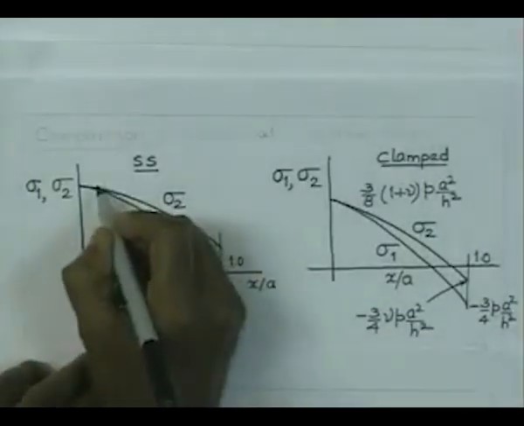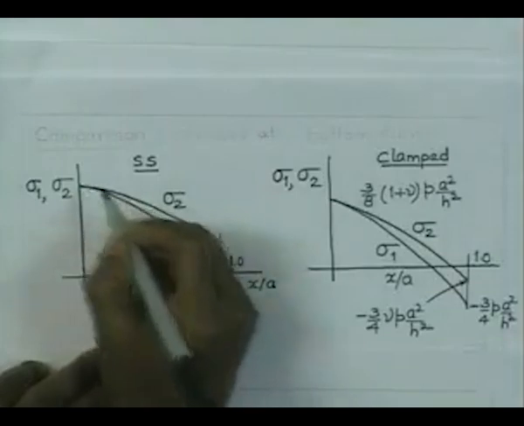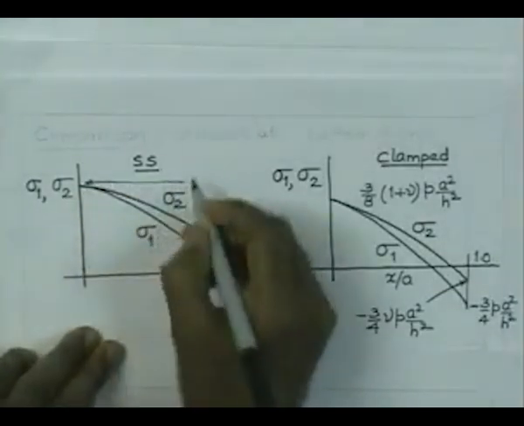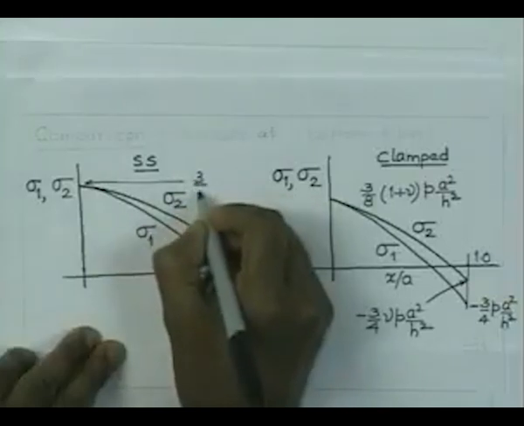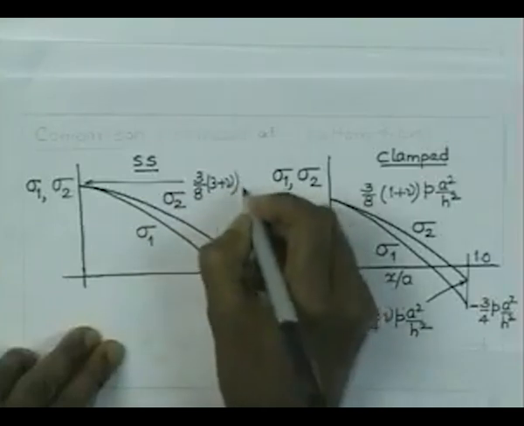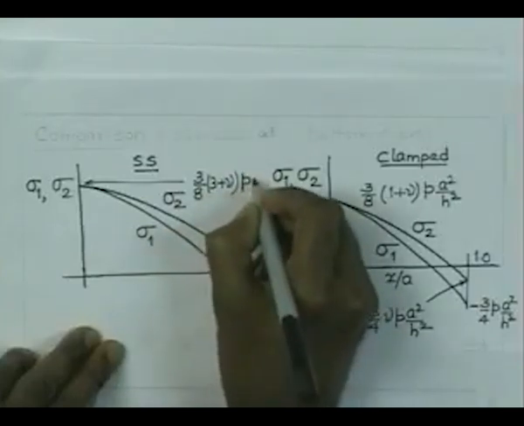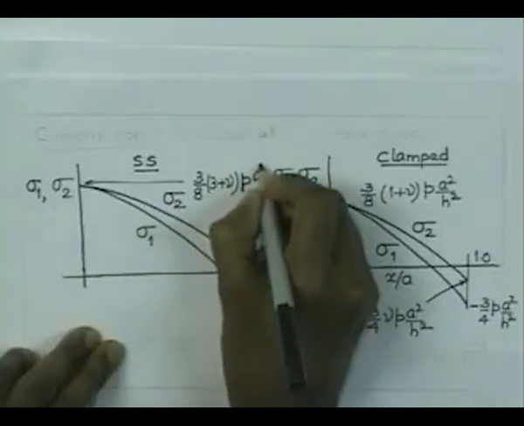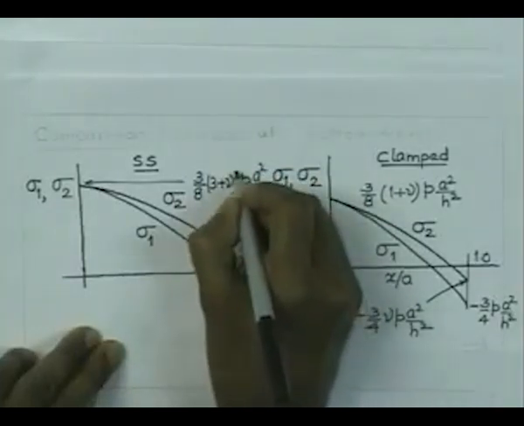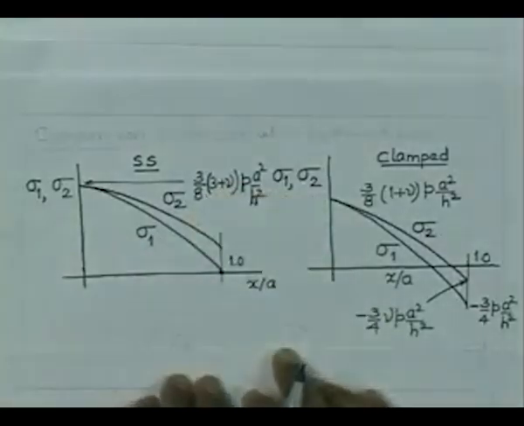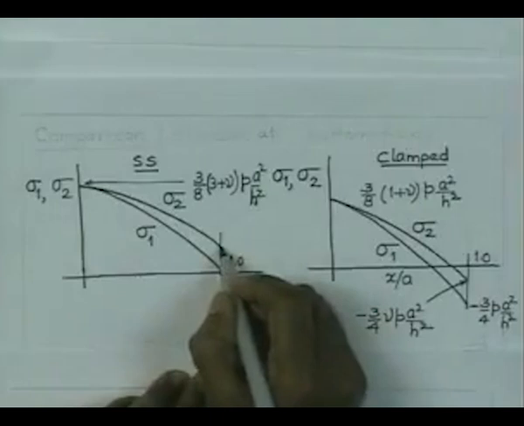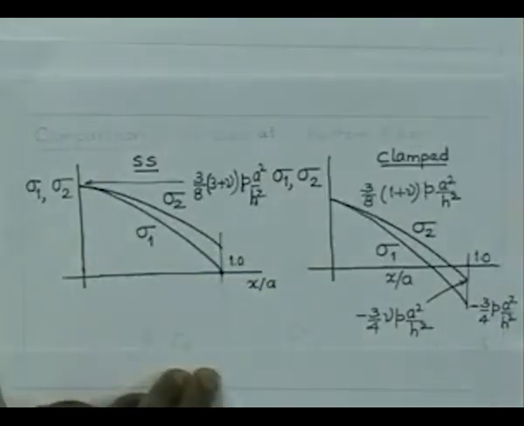And the value of stress here we will write here. It is 3 by 8 (3 plus nu) p a square by h square. And the stress sigma 1 is 0 and sigma 2 will have some value here.